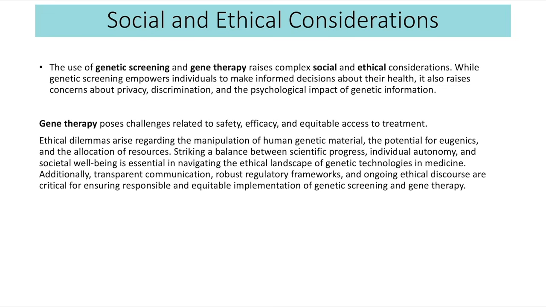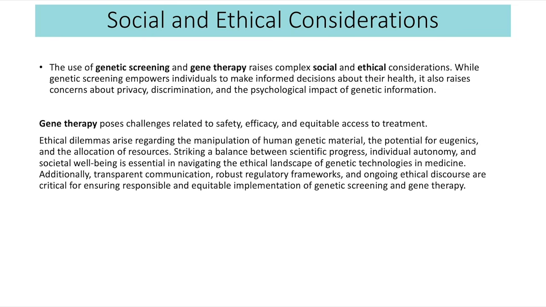And it could be, for example, maybe insurance providers might get access, and therefore they wouldn't give you health insurance anymore because they know that you are at higher risk of developing a particular disease. You might get discriminated from an employer if they knew that you are likely to develop a disease later in life. And also the psychological impact of knowing you have an allele that makes you at risk of developing a disease. That can play heavily on someone's mind.